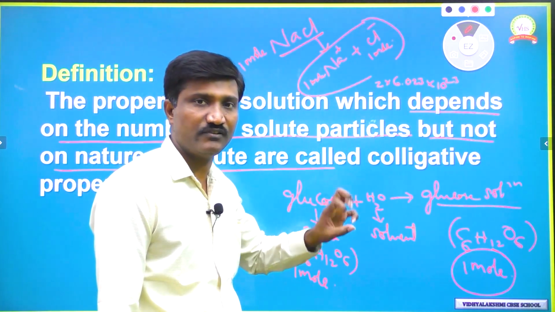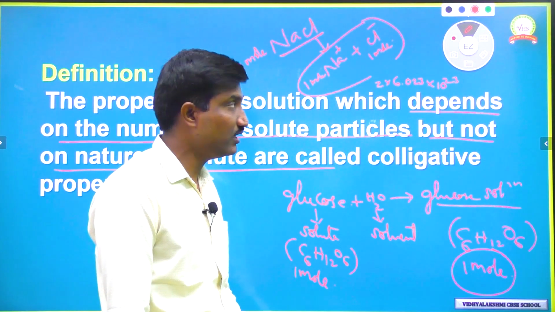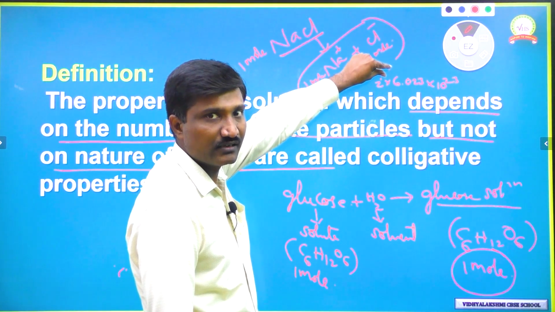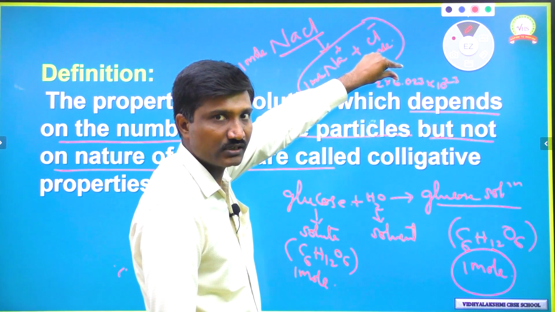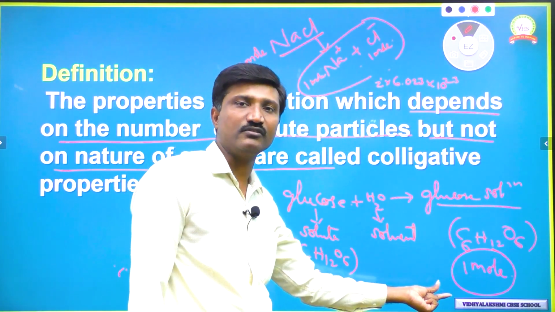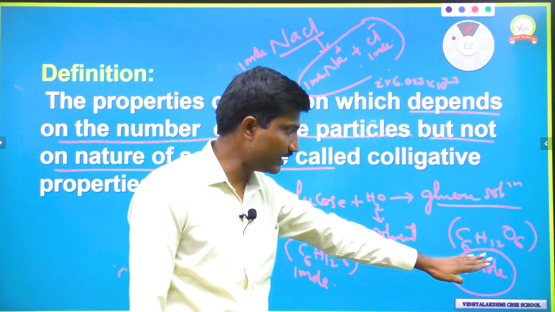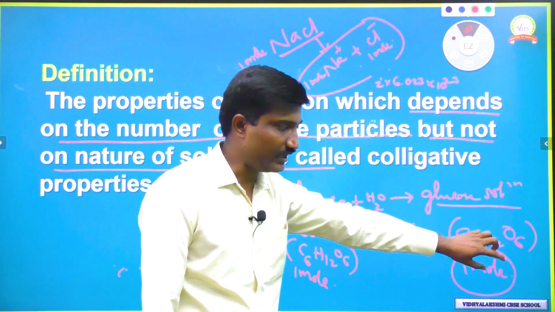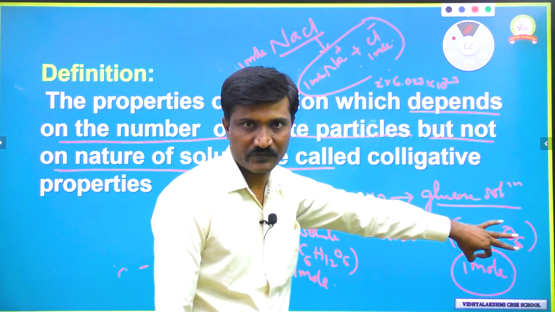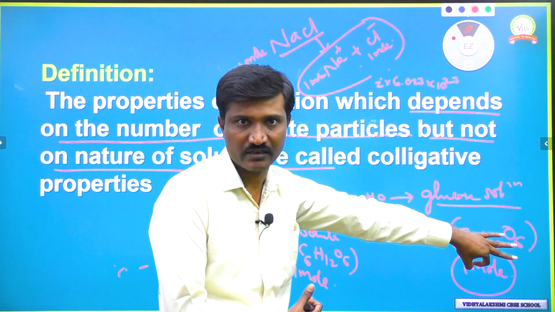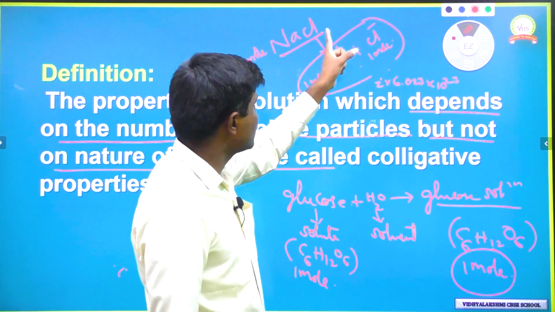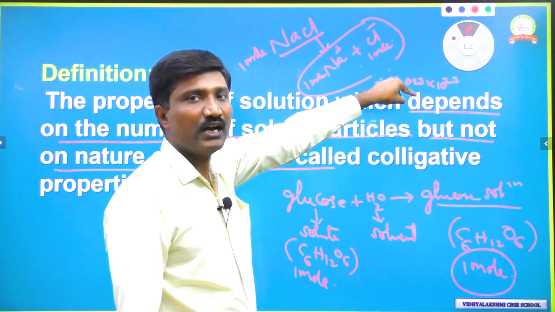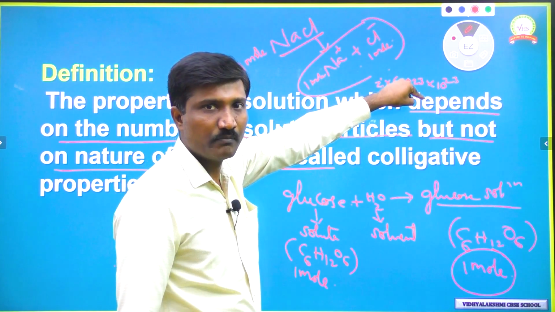If we measure a few properties of the solution, they have a higher value for this NaCl solution, the salt solution, than for the glucose solution, because here the number of particles is less. The solute particle here is glucose. But where the solute is NaCl, it dissociates and gives more ions, meaning more solute particles.